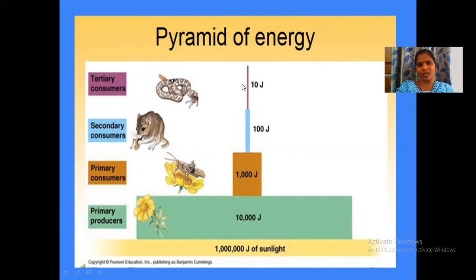And if another organism depends on this, again it gets 10% of that, 10 joules. So as we move from the bottom to the top, the energy availability is reducing from one trophic level to the other trophic level. So it is always an upright pyramid.